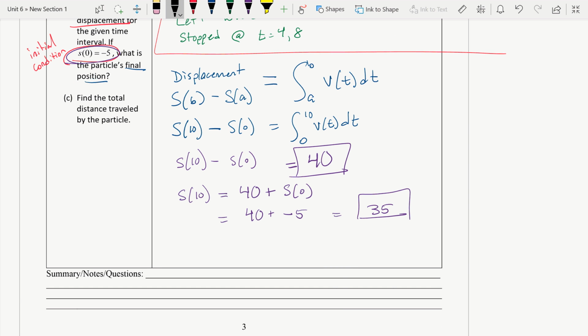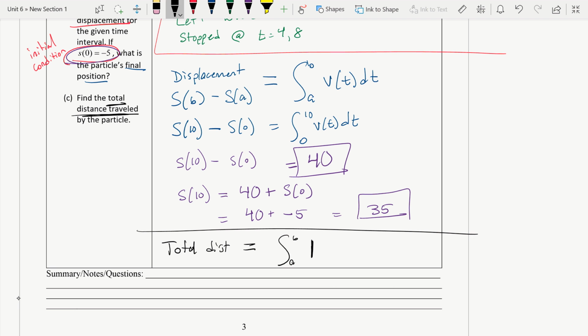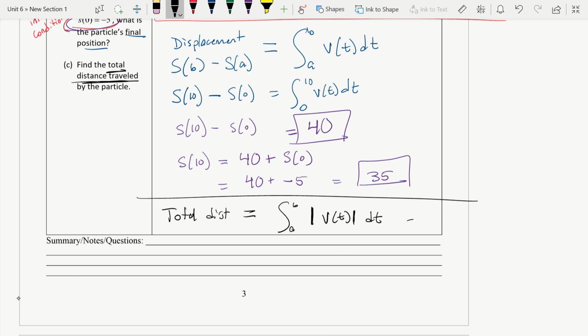Finally, find the total distance traveled by the particle. Remember, total distance is similar to displacement. The only difference is we need the integral of the absolute value of the velocity. So here, going from 0 to 10, I ran out of room. Well, let's just write over it.